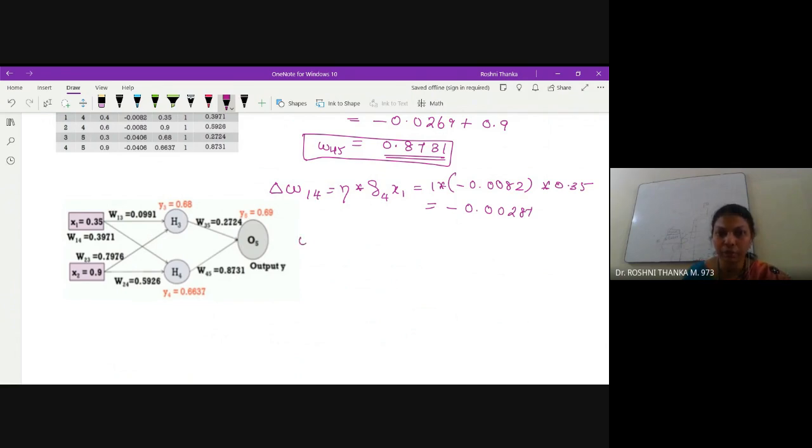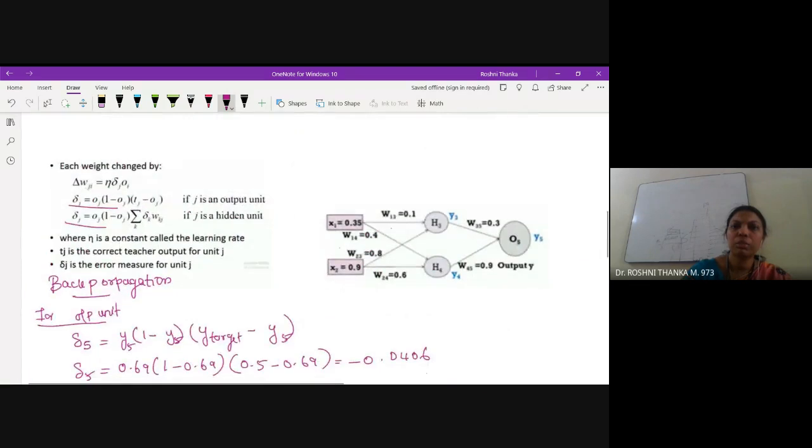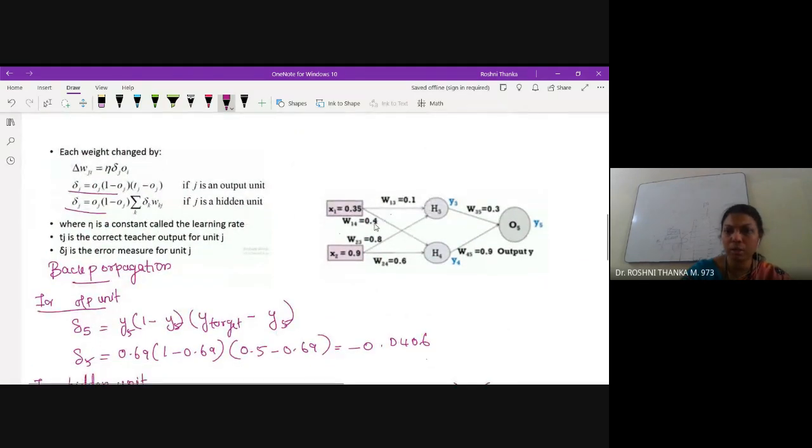Now we have to find the new value of weight 14, which is equal to delta of W14 plus W14's old weight. The delta value is 0.00287 plus what is its old weight? You see the old weight is 0.4.